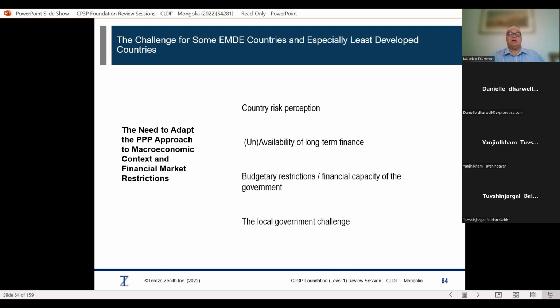The other things that we need to think about are the country risk perception or availability of long-term finance in a particular country, budget restrictions and the financial capacity of government. And also we have a problem with local government because they normally have a bad history in terms of going bankrupt and the lights being switched off. And we've seen this in a number of cities in the UK for a number of reasons.